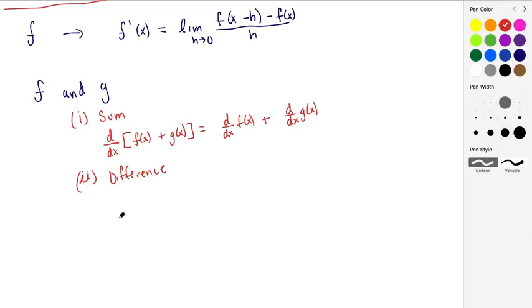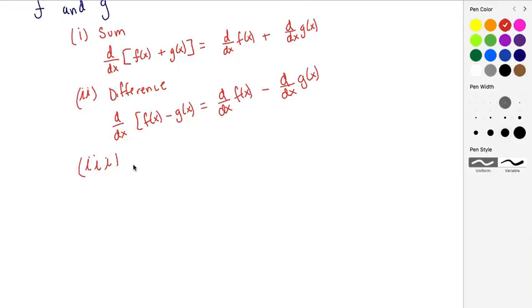So if you have, again, d dx of f of x minus g of x, as you would expect, you take the derivative with respect to x of f of x and you subtract from it the derivative of g of x. Okay, so that's the difference rule.